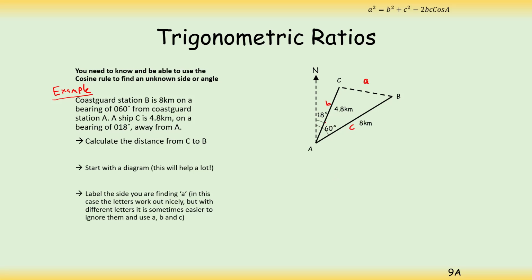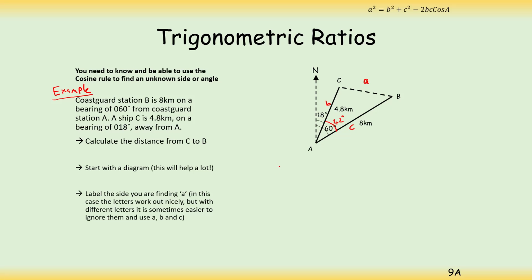Now this angle here, the bearing to go to B is 60, and the bearing to go to C is 18. So the angle here is going to be 60 take away 18, 42 degrees.